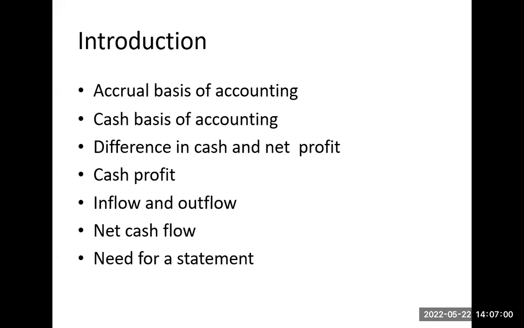Maybe you received only 7 lakhs, and 5 lakh is going to come in the next coming months, since you have given your customer that time period to pay back the money. In that case, we recognize the total 12 lakh as sales. So that does not give a clear picture about the cash profit or cash flow of the company. So we need to analyze how the cash flow is happening in the company.